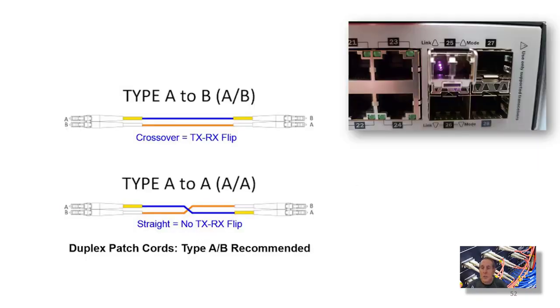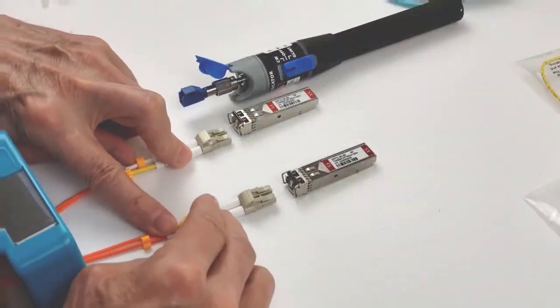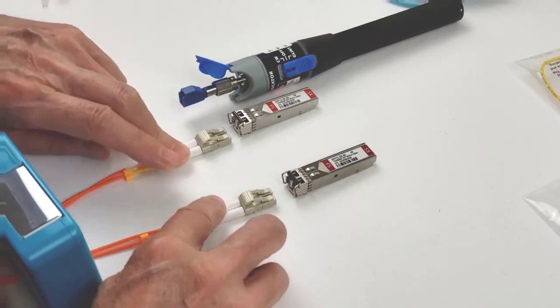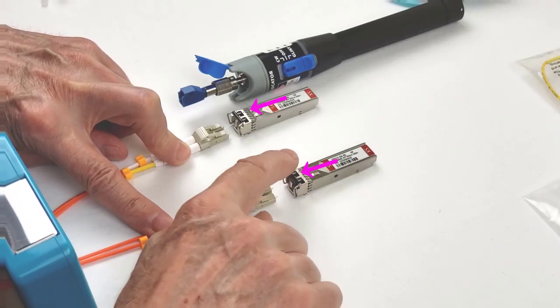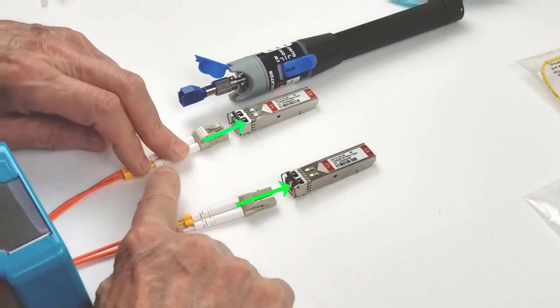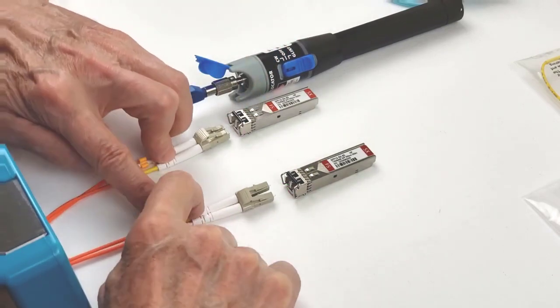Your typical duplex patch cable is going to be an AB type. So I'm going to demonstrate an AB patch cable that you would normally buy from a store. Remember, the two transceivers on the table have the transmit on the left side and receive on the right. So if the patch cable is right, it should automatically connect the transmit on one side to the receive on the other.